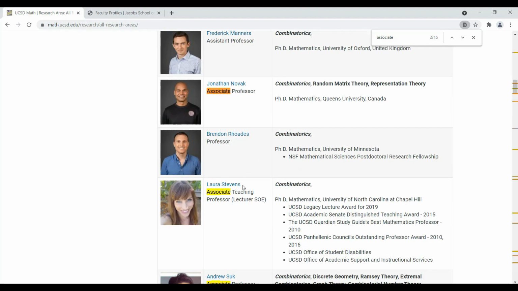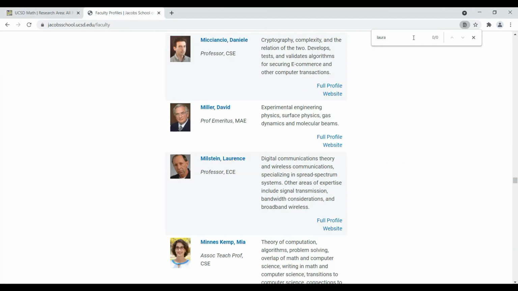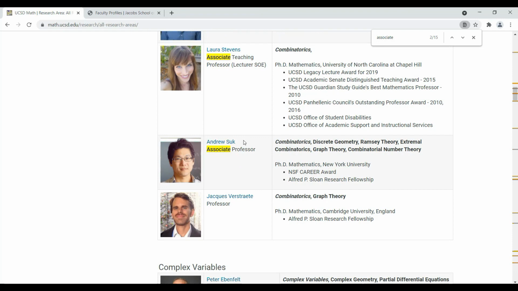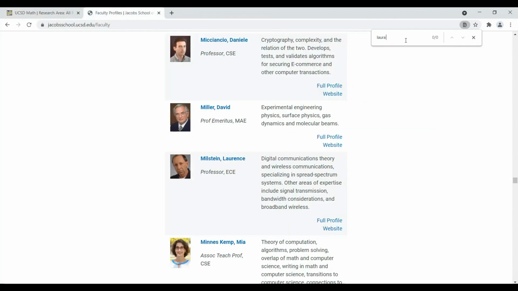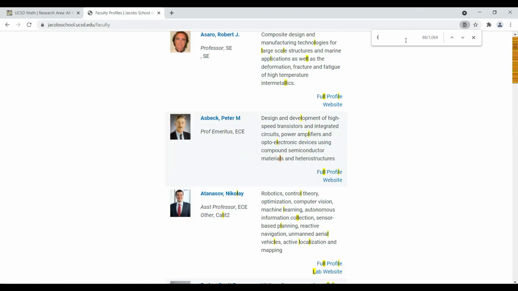Here is Laura Stevens. So we will search for her. No, there is no one. So it is not Laura Stevens. And there is Andrew Suk. So we will search for Suk. There is no one. Actually, is there anyone?